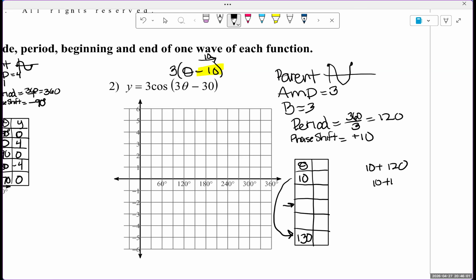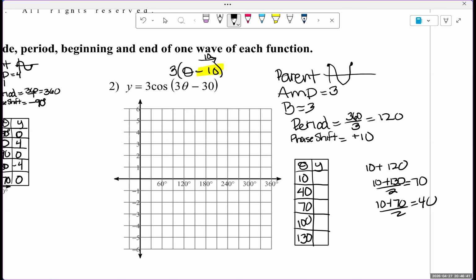So 10 plus 130 divided by 2, which is 140 divided by 2, which is 70. Okay, average 10 plus 70 divided by 2, which is 80 divided by 2, which is 40. Now we see that it's growing by 30. So if we average these two, we get 100, and we could see that it jumps by 30.